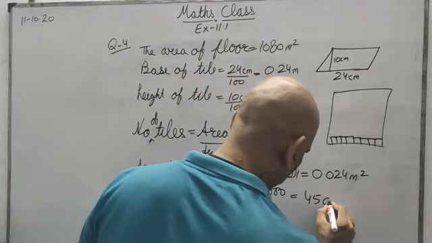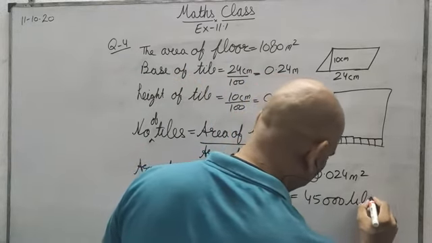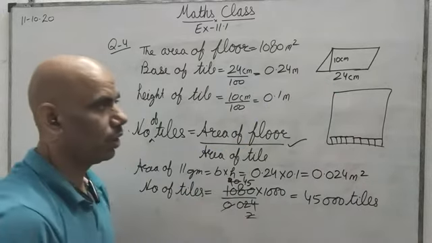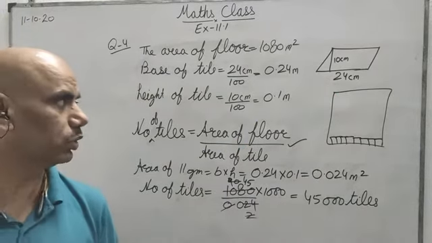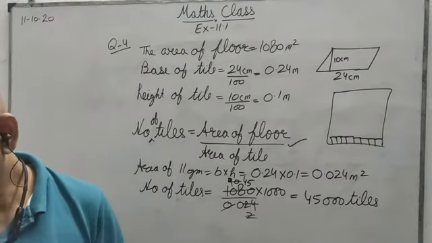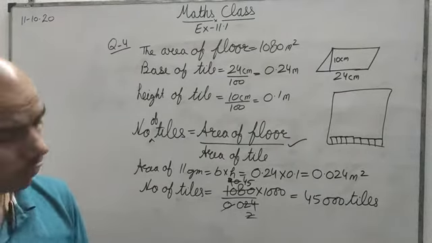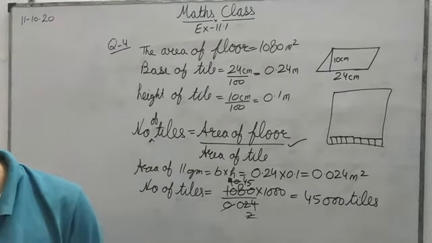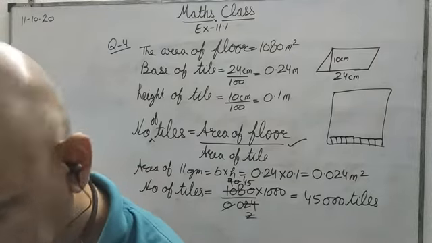So I come to know 45,000 tiles will be required to cover up this area. So this way you will solve this question number 4 of exercise 11.1. I'm sure it is clear to you.